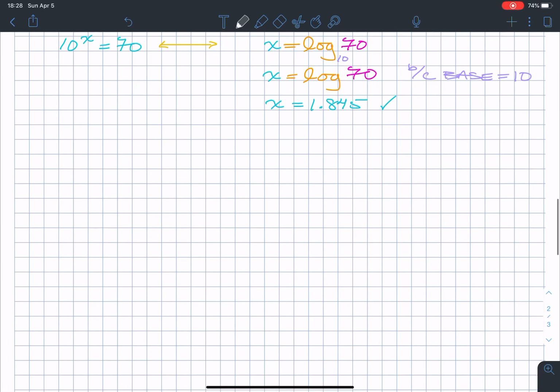So for example, let's find x in the equation. Let's do e to the x is equal to 148.